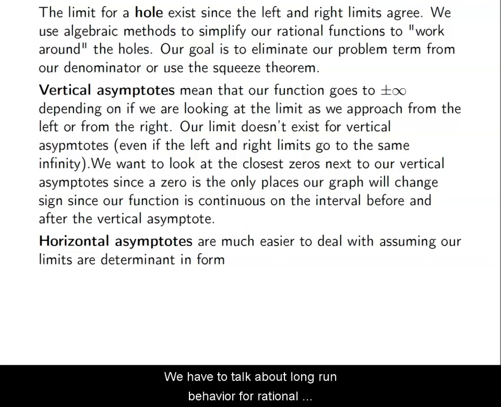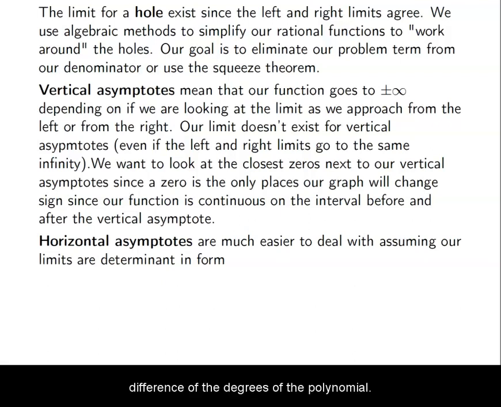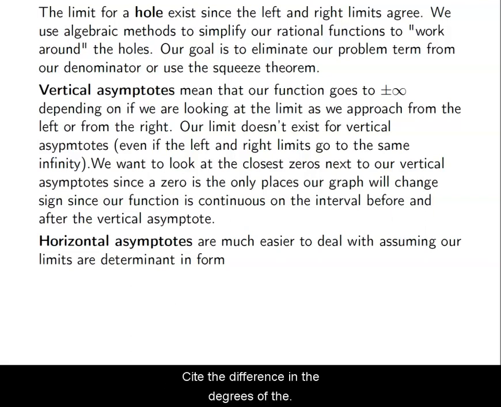We also talked about long run behavior for rational functions, when we have a polynomial over a polynomial, in chapter 1.6. We stated that we look at the difference of the degrees of the polynomials in the rational function, and the difference in the degrees is the value for the polynomial that the rational function behaves like in the end behavior.